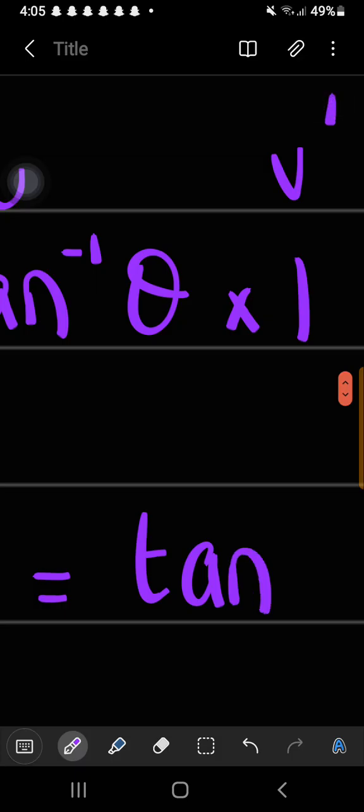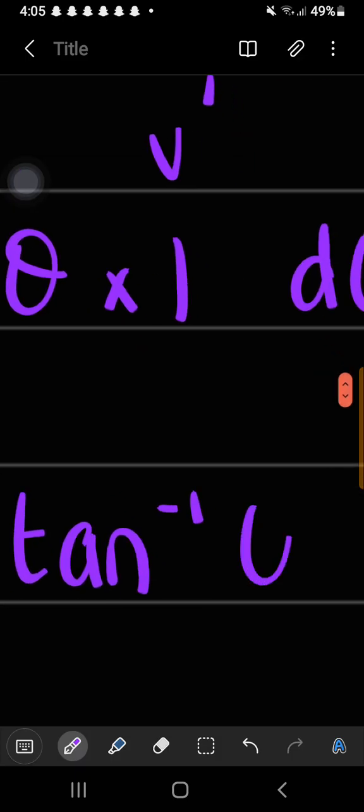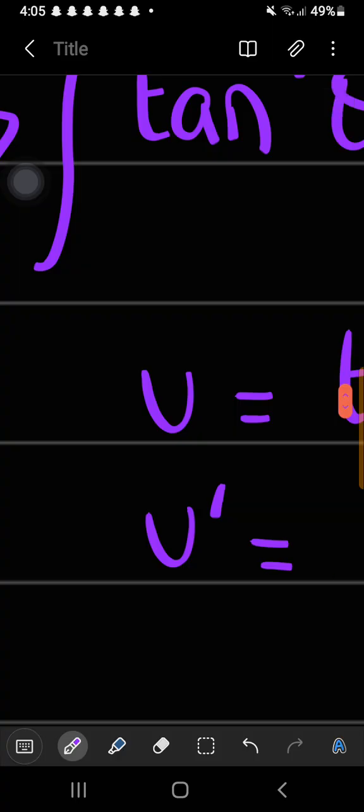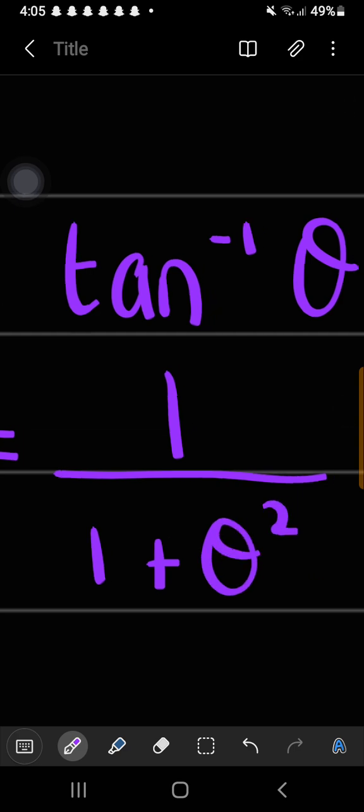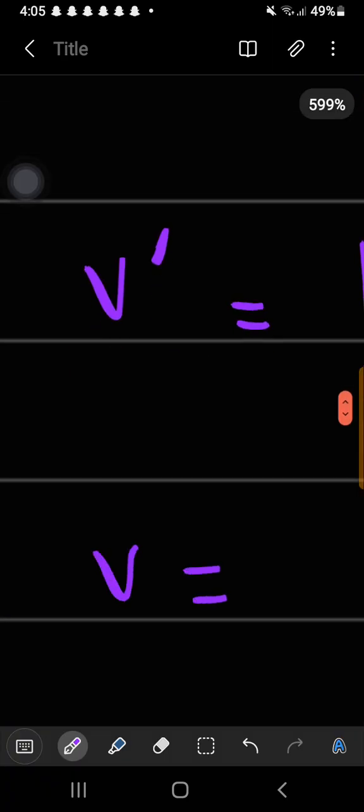U is tan inverse theta, and if we differentiate it, it will become 1 upon 1 plus theta square. And we have v prime as 1, so v will be theta.